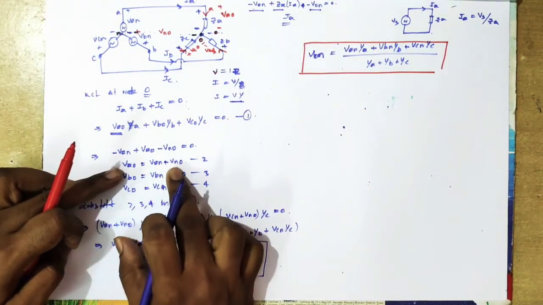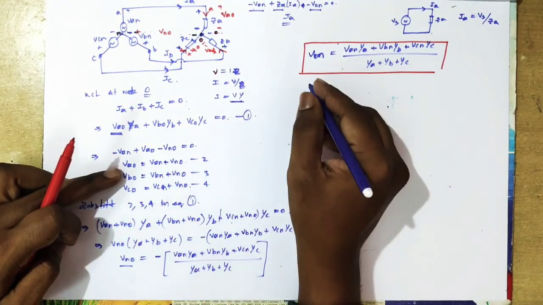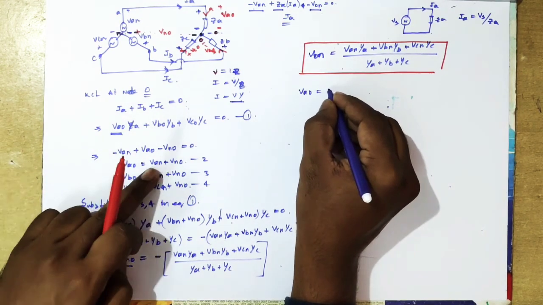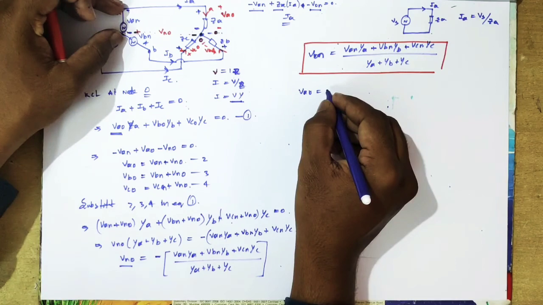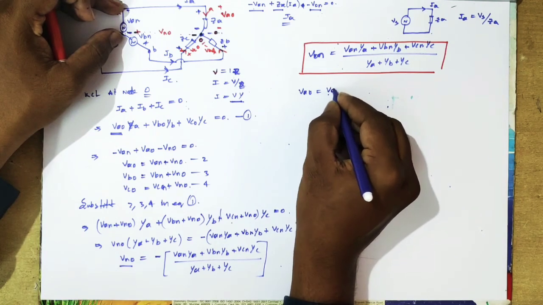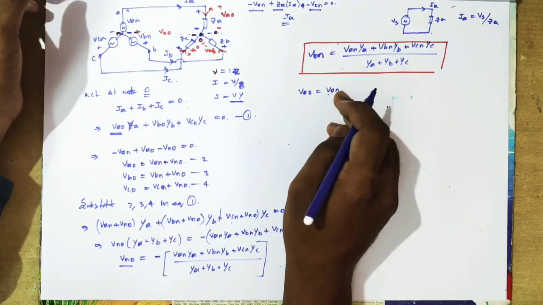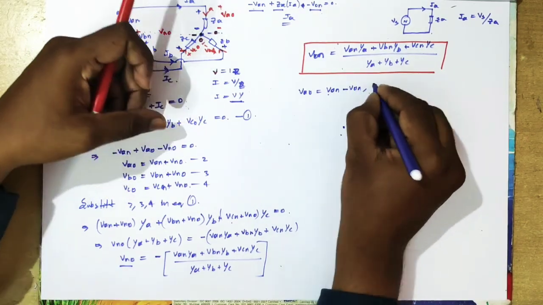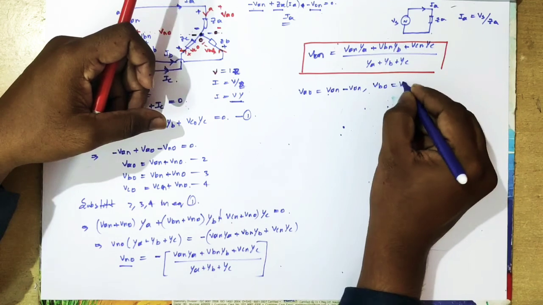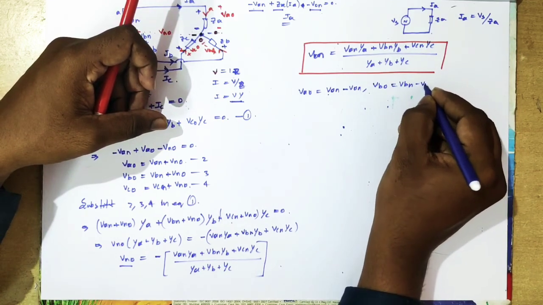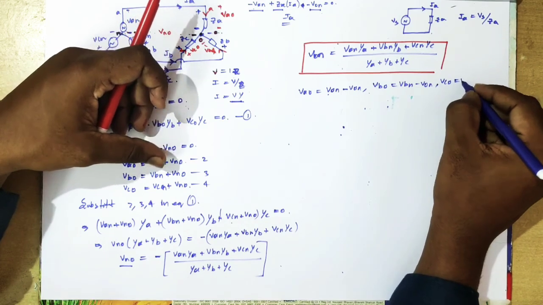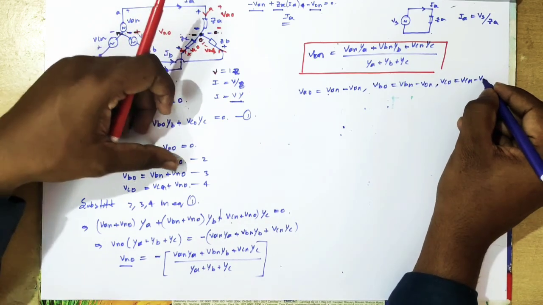If you know V_ON, then we will find V_AO equal to what, the supply phase will be given. So V_AN, in the system the supply phase will be given, minus V_ON, and V_BO equal to V_BN minus V_ON, and V_CO equal to V_CN minus V_ON.